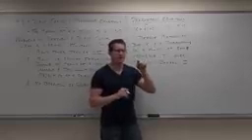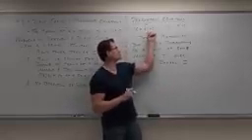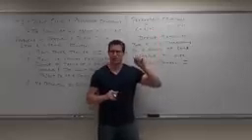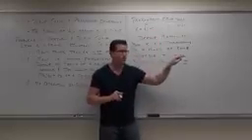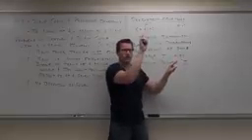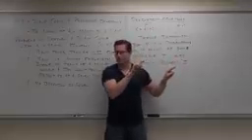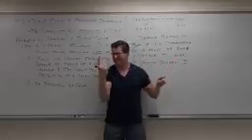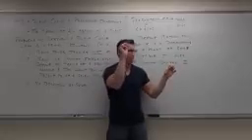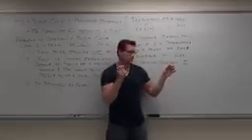So maybe at t equals 1, the x is 3 and the y is 5. Would it give you a point? Yeah, it would give you a point 3, 5.